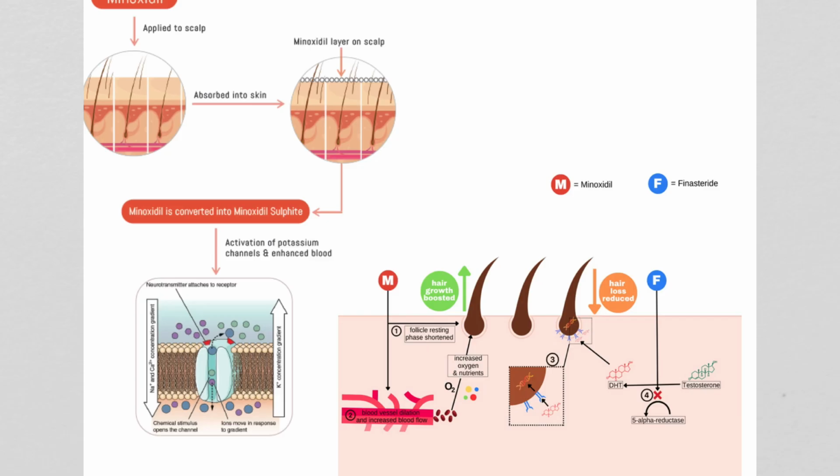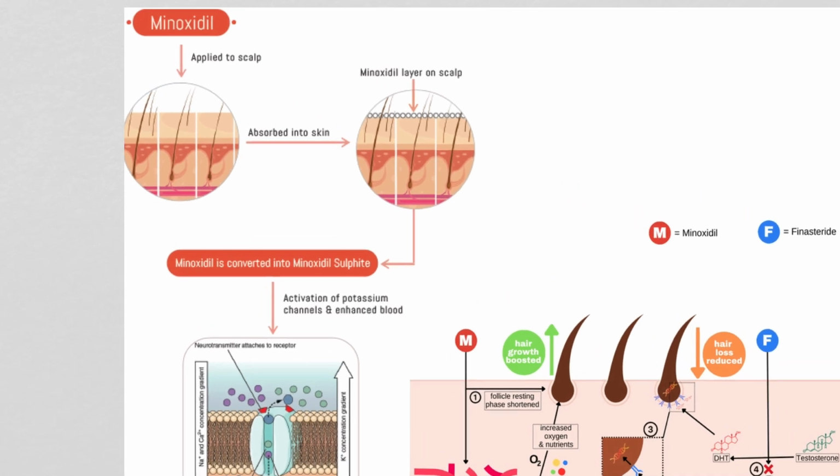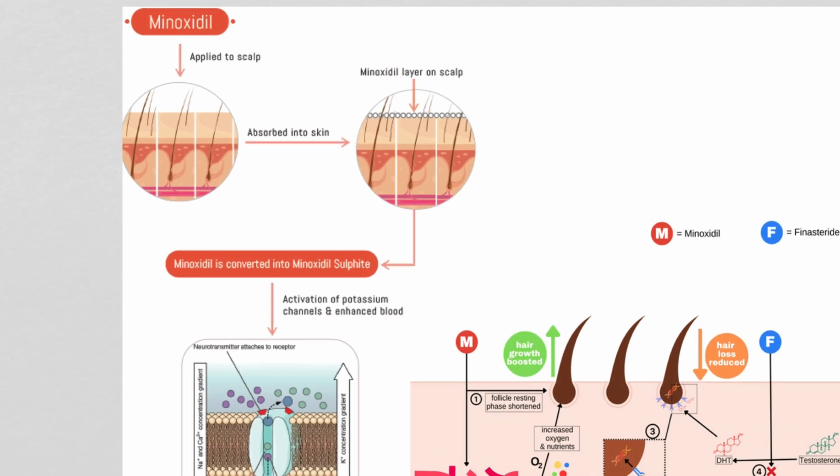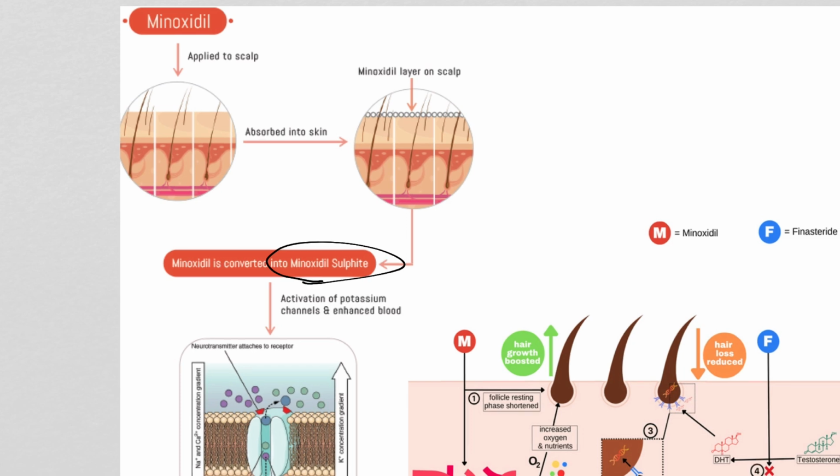All right, so mechanism-wise, finasteride, remember, is blocking 5-alpha reductase, decreasing DHT levels. Minoxidil, very, very different. When it's applied to the scalp and absorbed into the skin, it is, by enzymes throughout the body, converted into minoxidil sulfate, which is the actual active form.